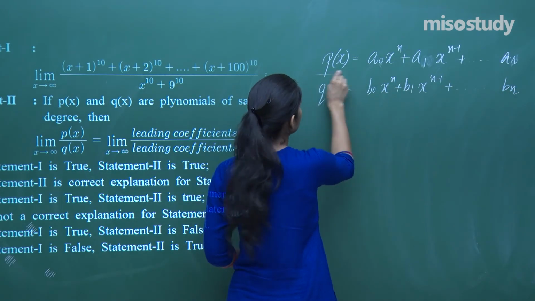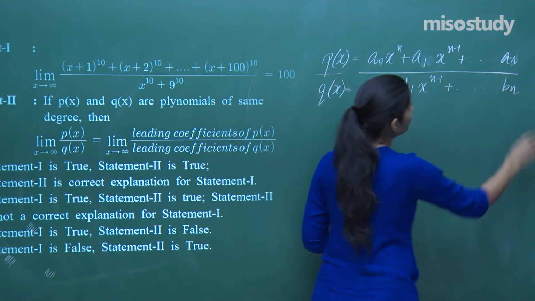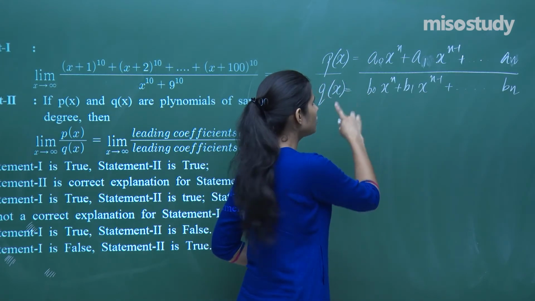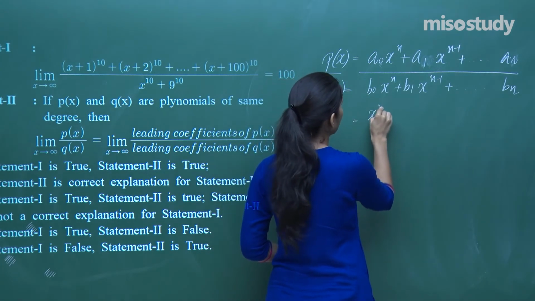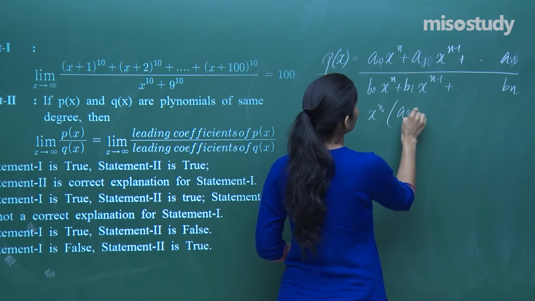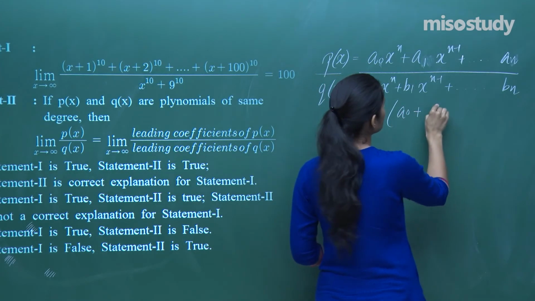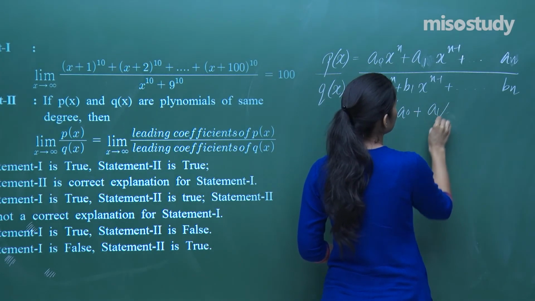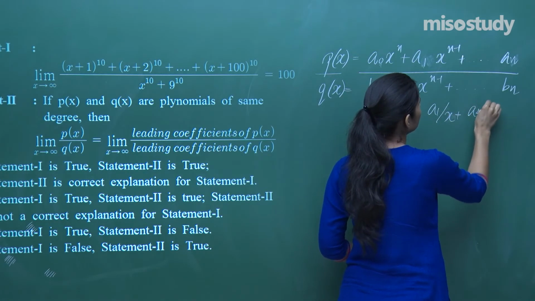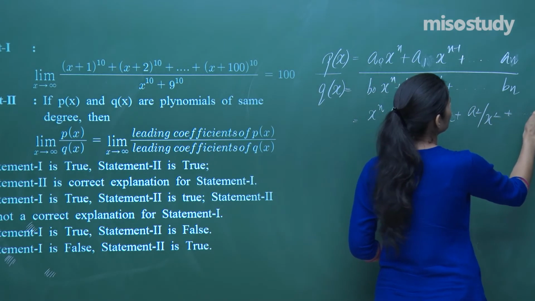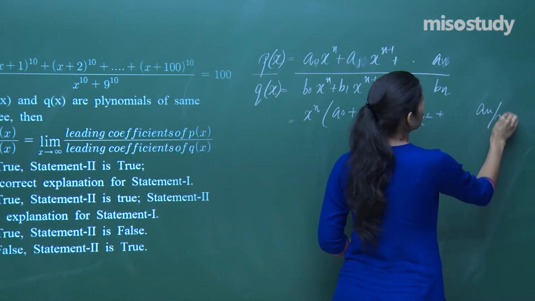If I talk about px by qx, what happens? I can take out x to the power n common. When you take out x to the power n common, what are you left with? a naught plus a1 by x plus a2 by x square plus and so on, an upon x to the power n.